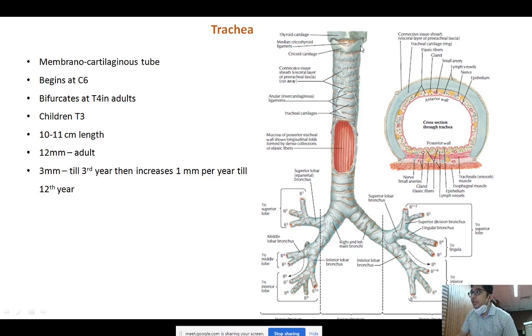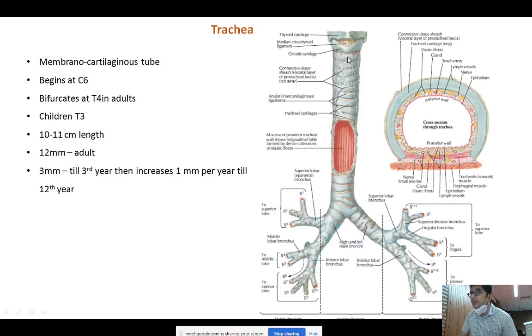See, this is the cricoid cartilage, this is the thyroid cartilage, and this is the membrane in between them, known as the cricothyroid membrane. Now this is something which comes under the larynx. We will have a separate class for this. Below that, this level will be C6. So at C6, the trachea will start.